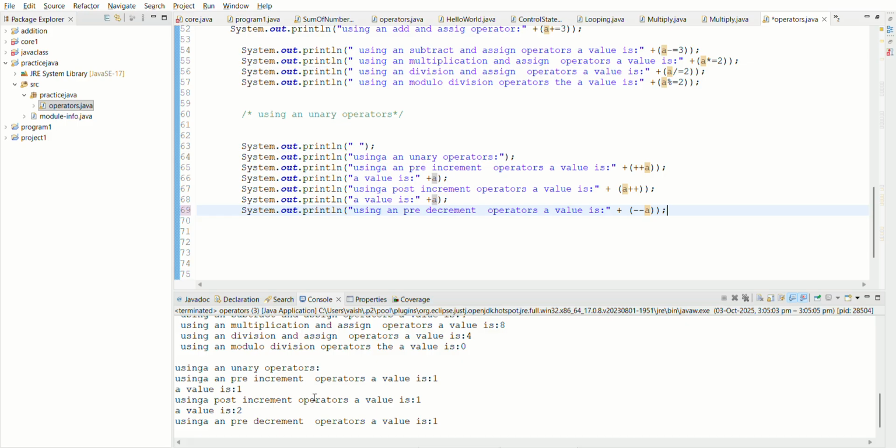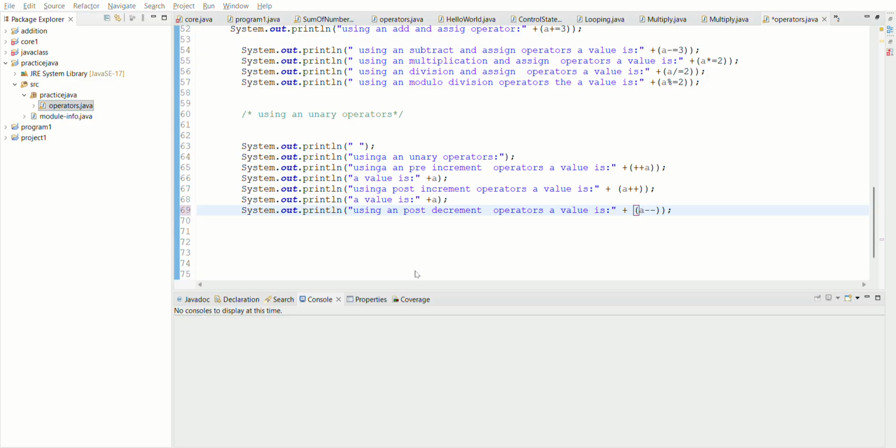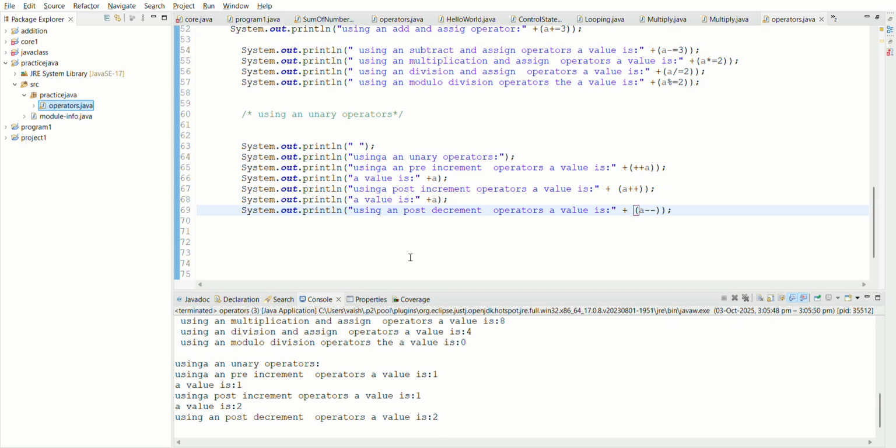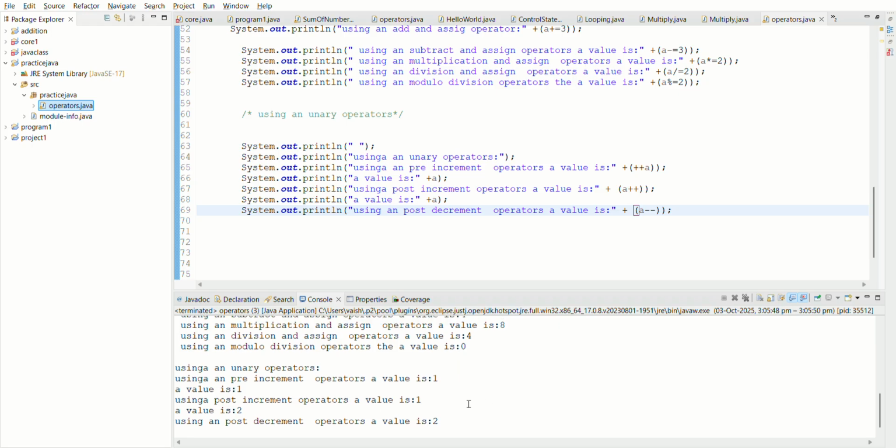First here a value 2. Instead of pre-decrement, we use post-decrement. That means a minus minus. That means after printing the value, we get the output here 2 only. So after printing the value, it decrements the value by 1, right? Using a post-decrement operator.